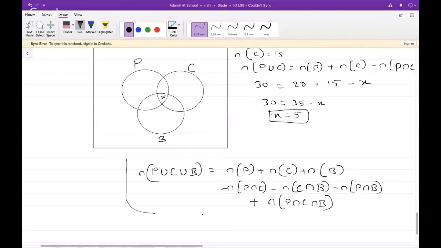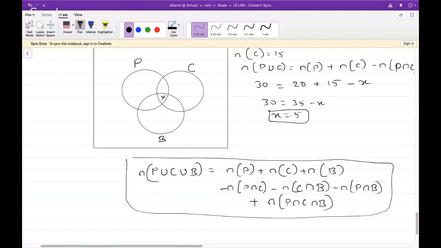So this is the third form of the notation in sets. This is the next formula of sets. These are the things which you need to remember in sets.